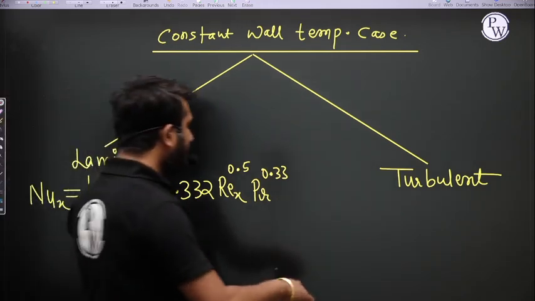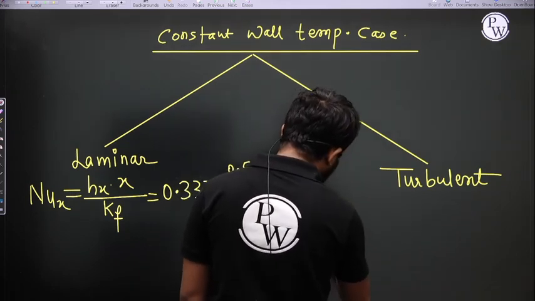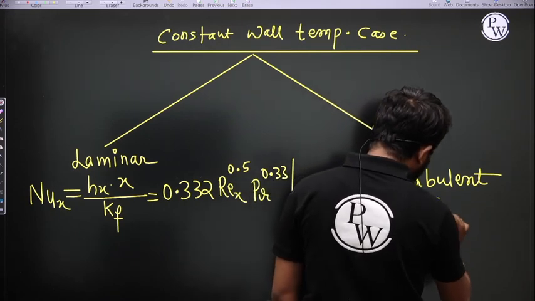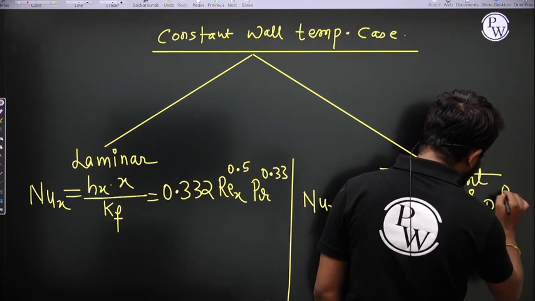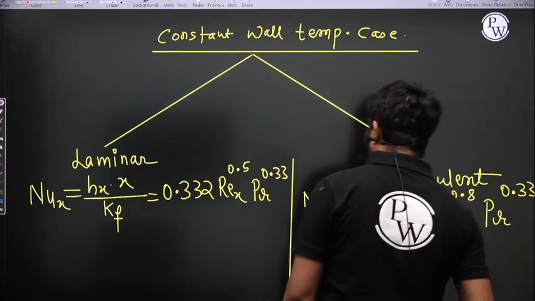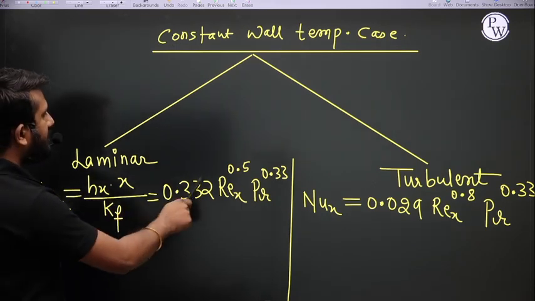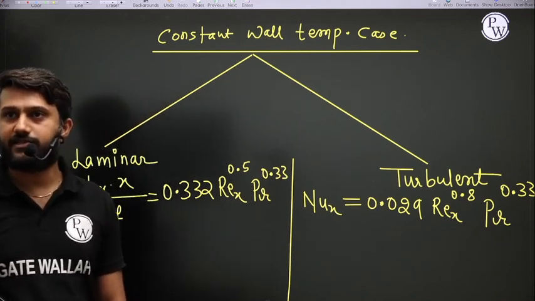And if flow is turbulent, then Nu_x = 0.029 Re_x^0.8 Pr^0.33. So in case of laminar flow, this expression is applicable, and in case of turbulent flow, this expression is applicable.